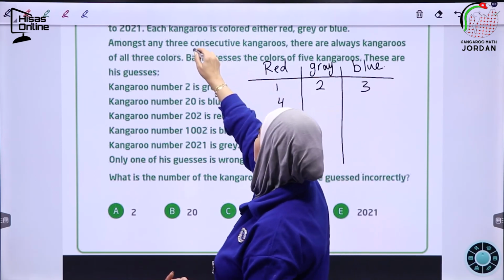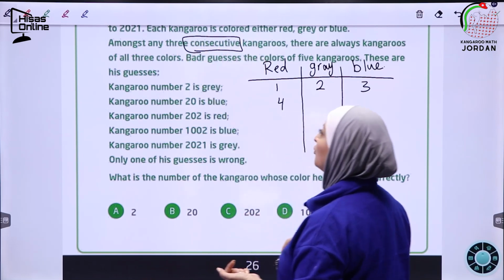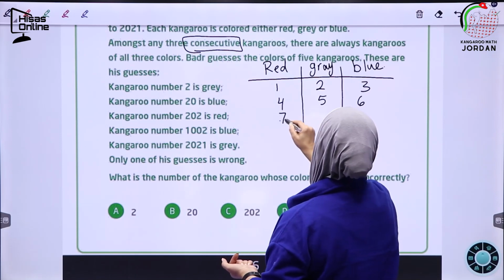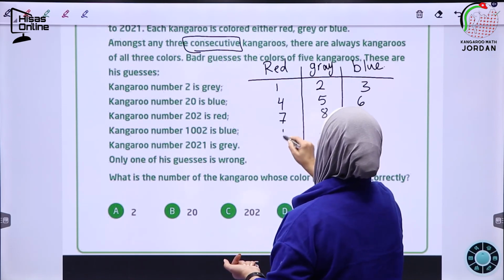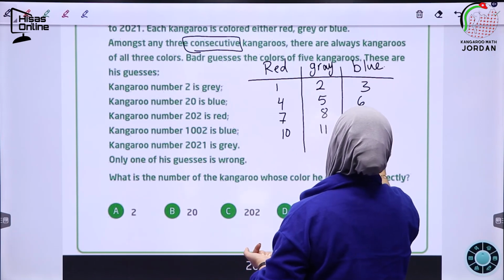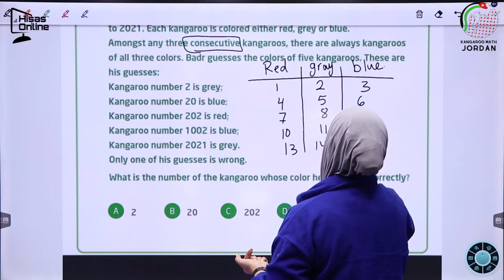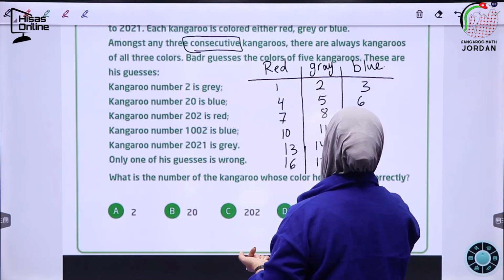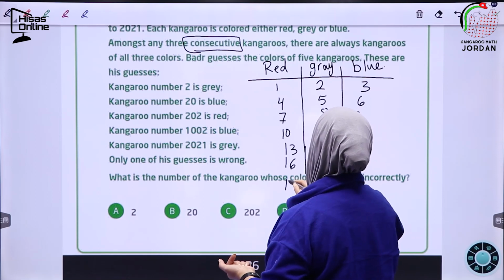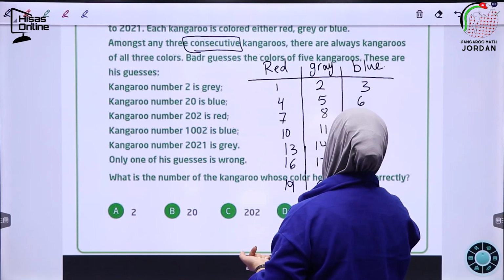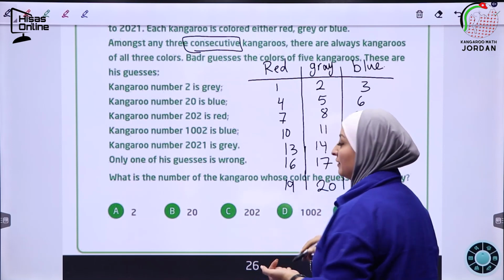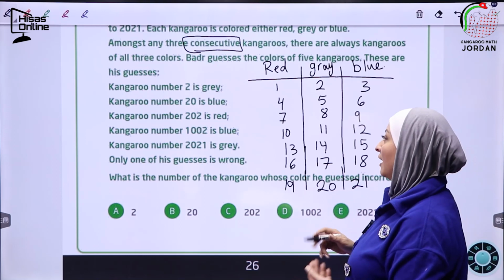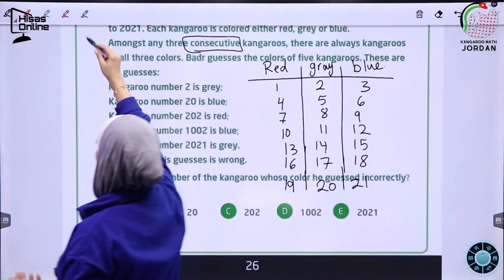Since they said consecutive, guys, this is a very important keyword. 4, 5, 6, 7, 8, 9, 10, 11, 12, 13, 14, 15, 16, 17, 18, 19, 20, and 21, and I won't continue, of course, till 2021. I will discuss what I have here, as you see.